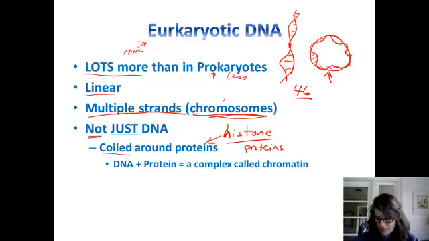We don't want this massively long DNA molecule to get tangled up, so we coil it around these proteins that act like spools for us. The DNA coupled with these histone proteins forms a complex that we call chromatin, and when the chromatin gets really thick during cell division, we can see the individual pieces as chromosomes.